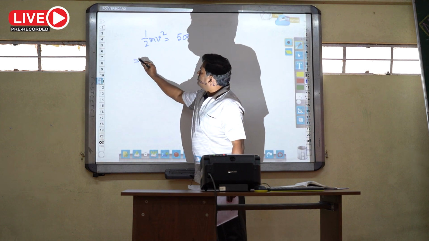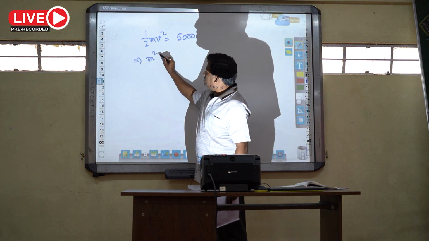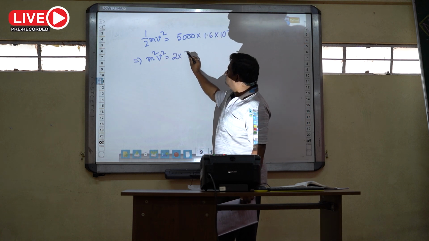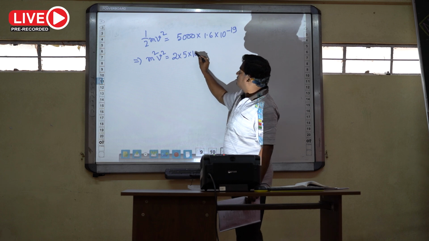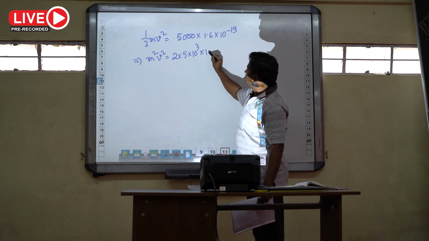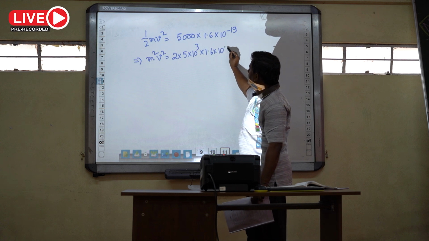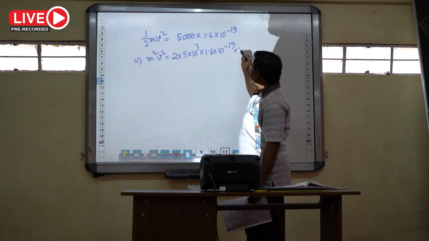So it will become m square v square equal to 2 into 5 into 10 to the power 3 into 1.6 into 10 to the power minus 19 into 1m.